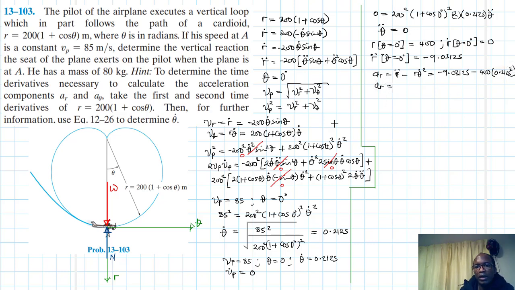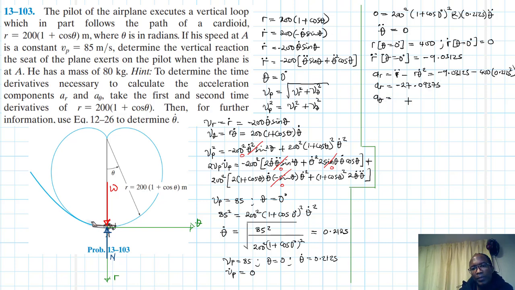Therefore our A R is just going to be equal to minus 9.03125 minus 400 times 0.2125 squared. Okay, so this gives us a minus 27.09375.